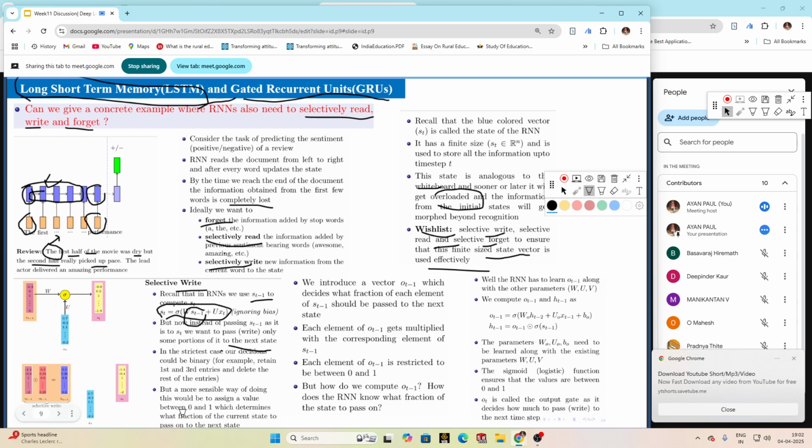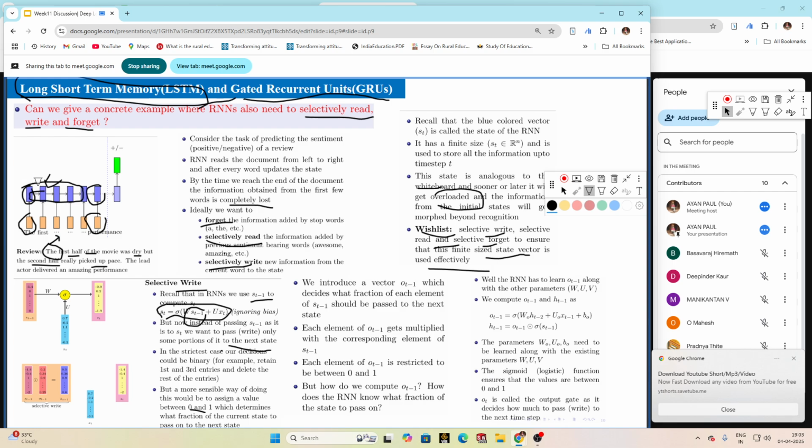If we assign a value between 0 and 1 and multiply it with the state... Previously we were giving information of all the states, this state, this state, this state, right? But here, one thing we can do is zero out some of the states and keep one for some of the states.